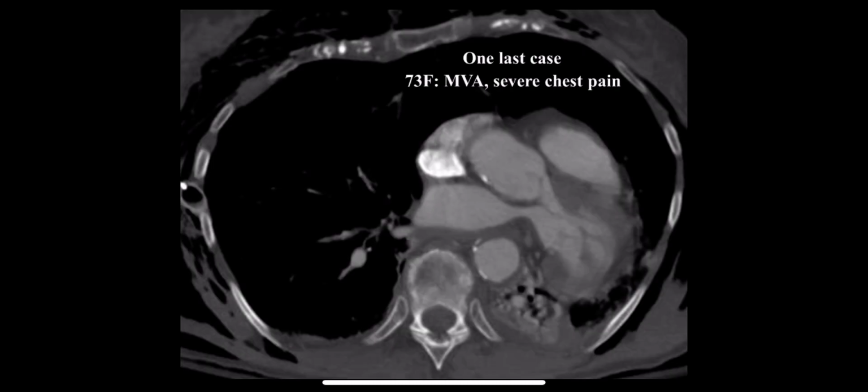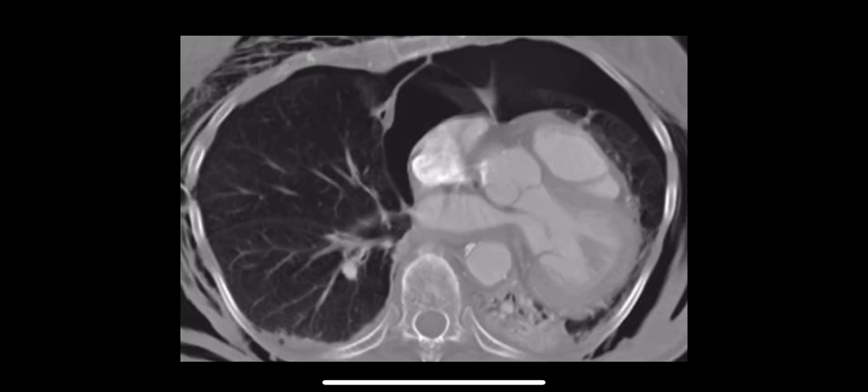So one last case. A 73-year-old woman was in a severe motor vehicle accident, had severe chest pain, and we see here extensive subcutaneous gas bilaterally. If we look on lung windows, a few findings here. We see air in the pericardial space, and this has been termed the empty pericardial sac sign.